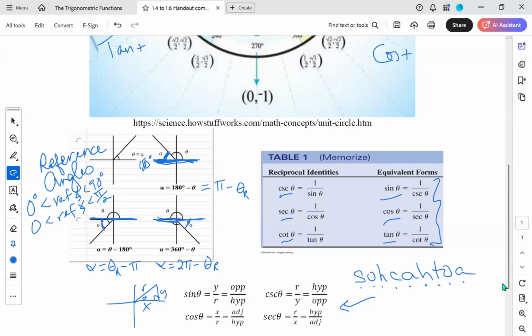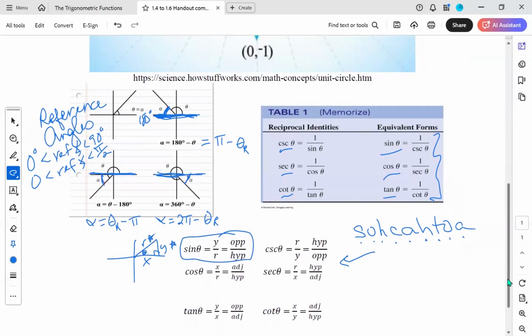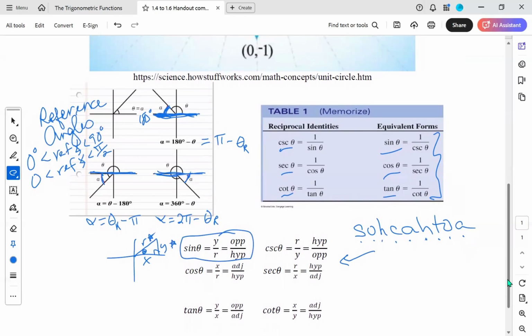So if our angle measures right here, then sine is opposite. Well, opposite is y over hypotenuse, which is r. And so that's where all this comes into play. And then cosine, secant, cosecant, tangent, and cotangent all fall in the same place. So that's where that's coming from.